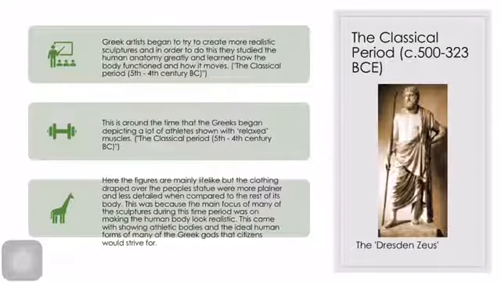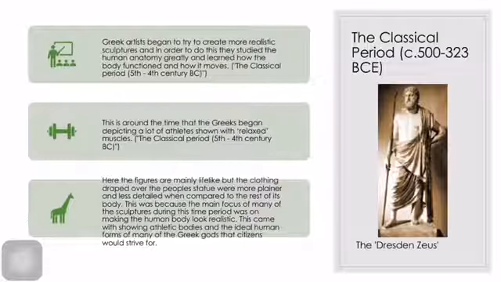Now, of course, similar to the discussion post that we had earlier in this term, when you look at a lot of the art, you see athletic bodies, you see basically the ideal man or the ideal woman to these Greek citizens. You see athletic things such as abs, toned muscles, things like that.